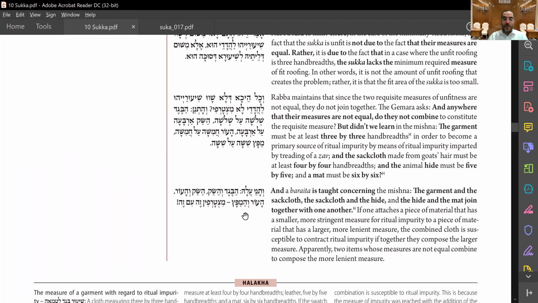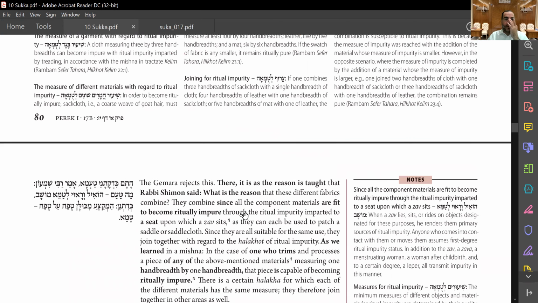And I sew it together, then they do combine. Because since I have something that is cheaper and I'm adding something that's more stringent to it, and it's a total of 6 by 6 with something that's even more stringent than the matting, so then yes, it does combine. So that's a question on the general rule that we've been assuming all along.